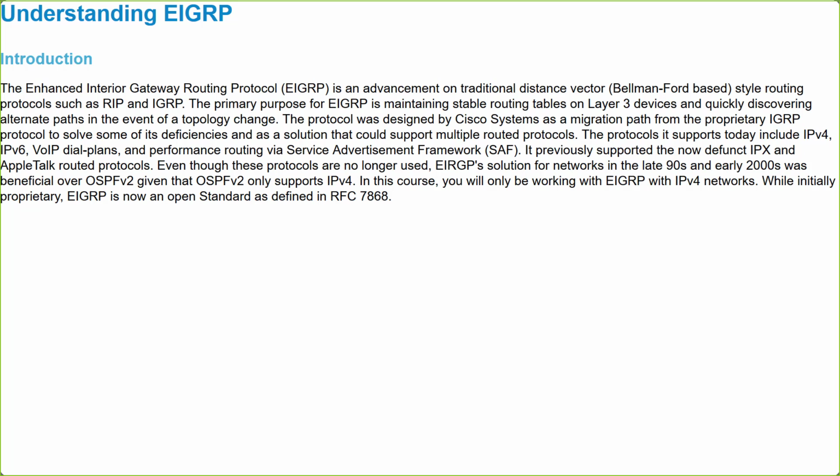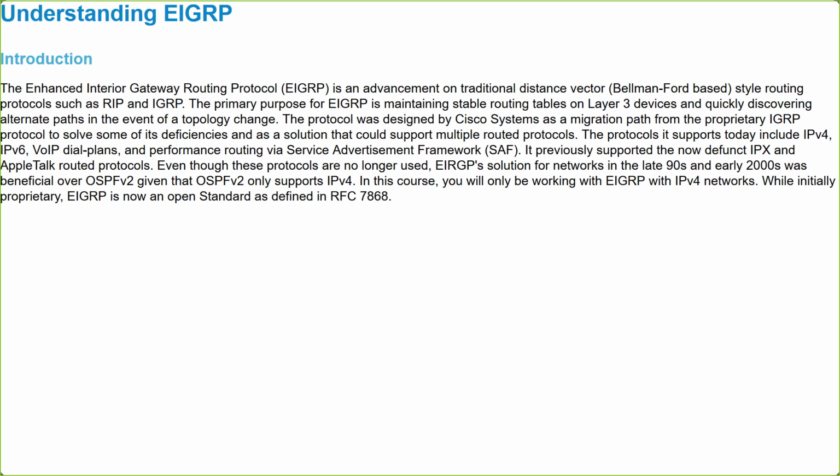BGP. So starting with EIGRP, EIGRP is one of the original, more modern routing protocols that we see in use in networks today. It was born from IGRP, which was really the very first interior gateway protocol that was developed even prior to RIP.